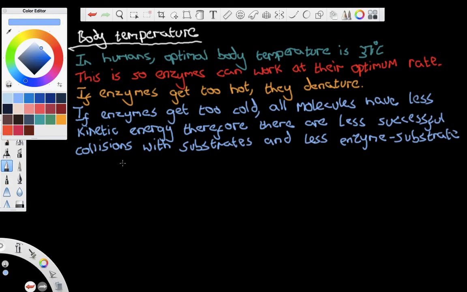Less enzyme substrate complexes form. Okay?